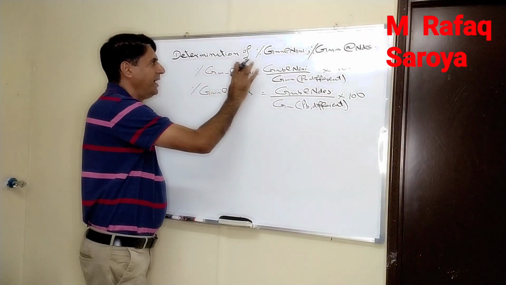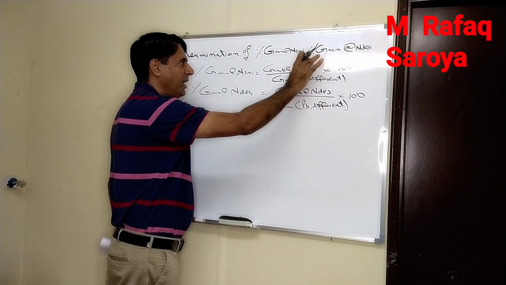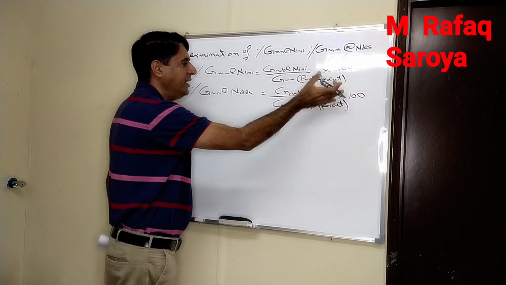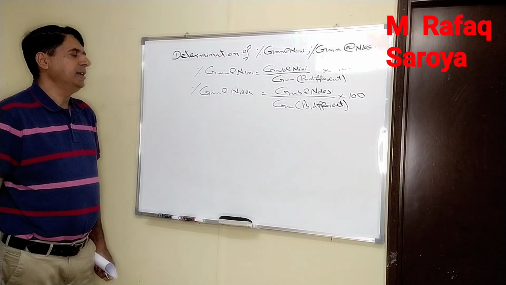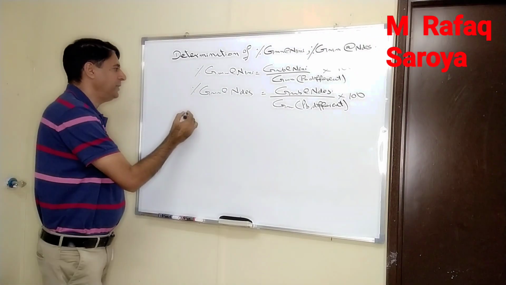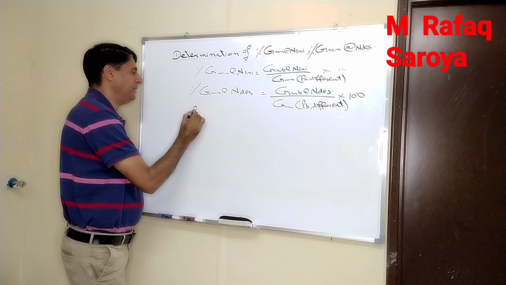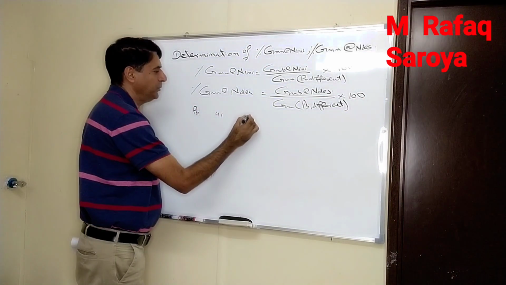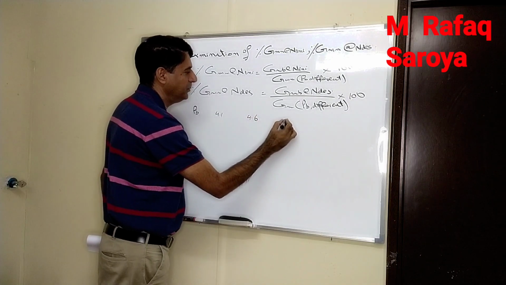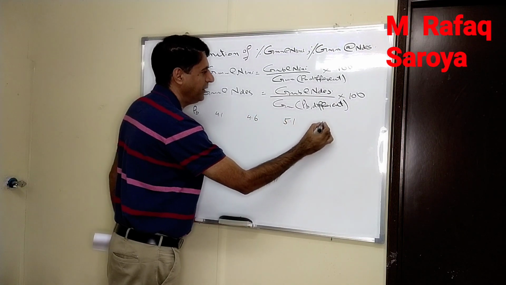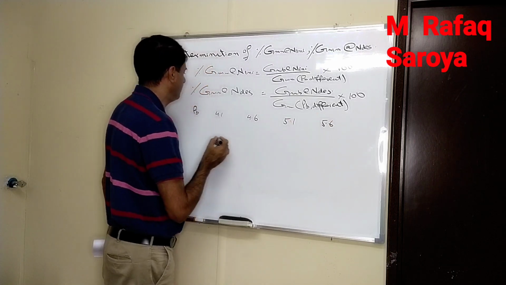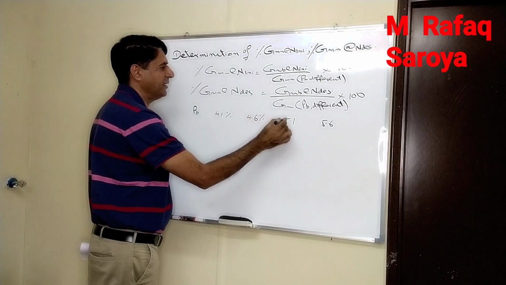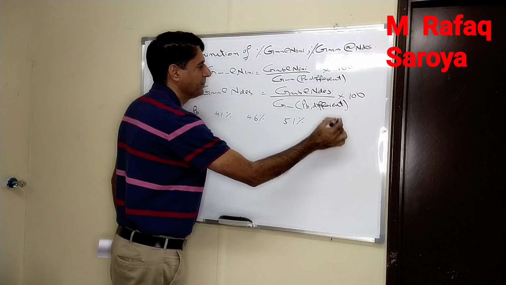Now this value, Gmb at N initial, we have already determined. All these values are determined already. Now I will tabulate their values. First of all, the different binder percentages: we have 4.1, 4.6, 5.1 and 5.6 percent.